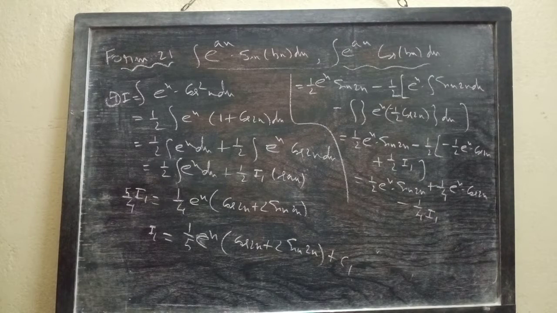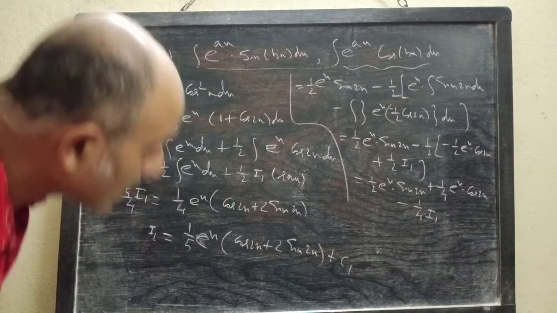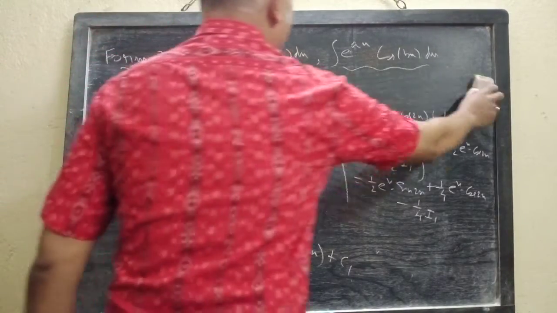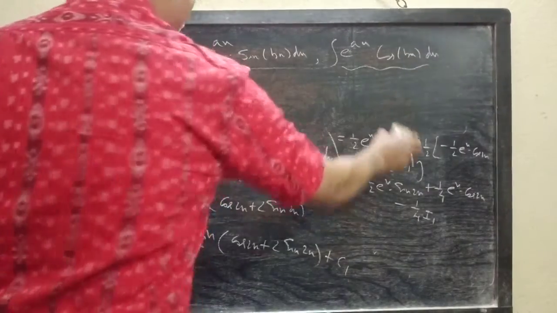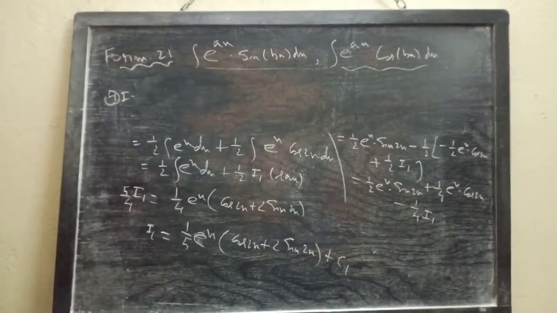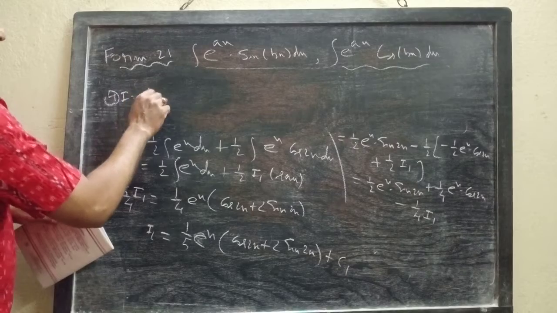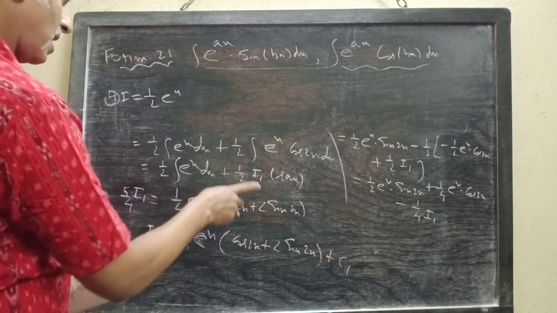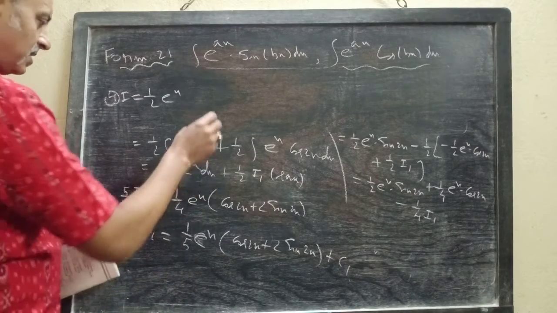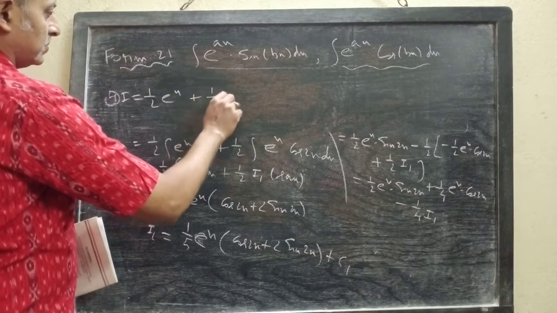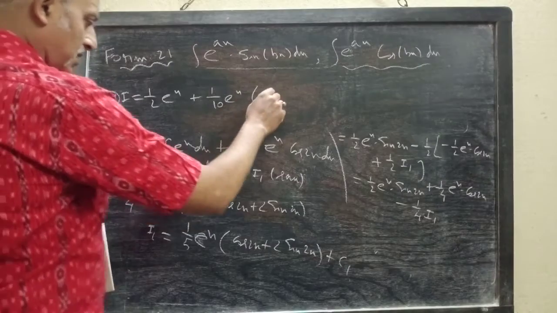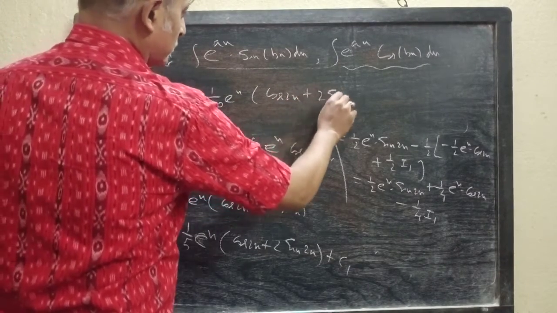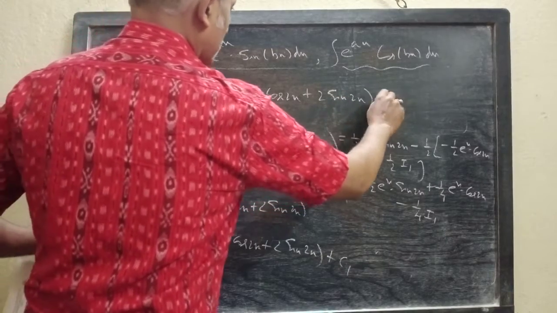So finally your I will be writing here, I will be, this will be half e to the power x, and here it is half I1, so 1 by 10 e to the power x into cos 2x plus 2 sin 2x plus c.